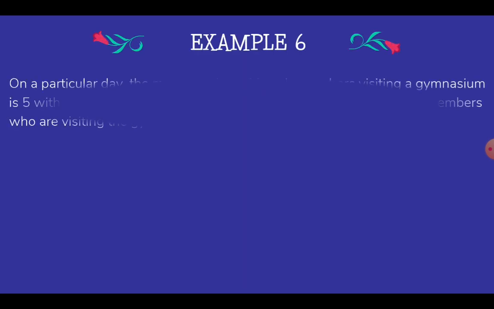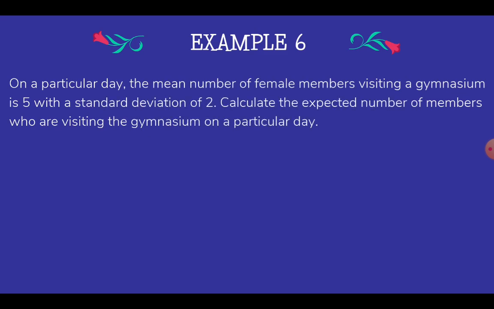Okay, example 6. On a particular day, the mean number of female members visiting a gymnasium is 5. Okay, so from here, we can say that mean equals to 5. And the standard deviation is 2. Calculate the expected number of members who are visiting the gymnasium on a particular day. Expected number of members.